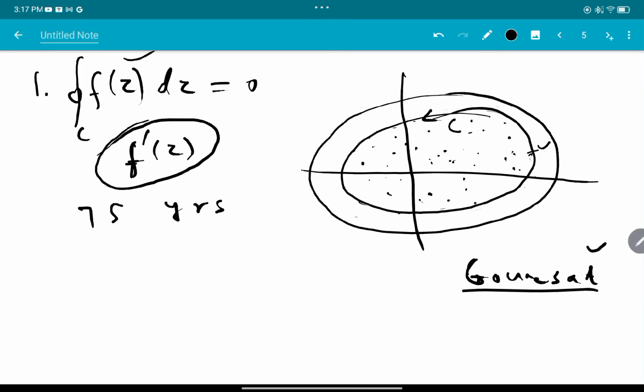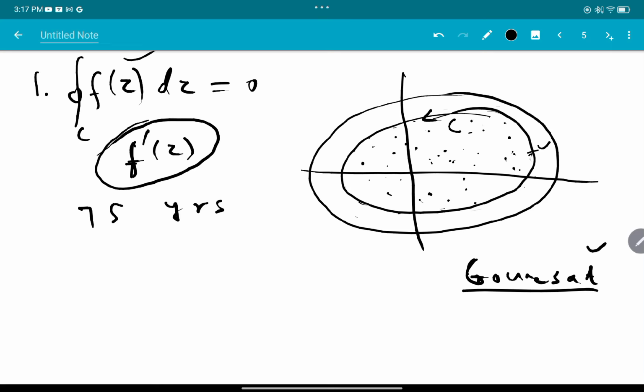No need to state this condition. However, if you do not state this condition, that is called the stronger form of Cauchy's theorem. If you state it, that is called the ordinary or normal form of Cauchy's theorem. So it is up to us whether we carry this burden with us or not.